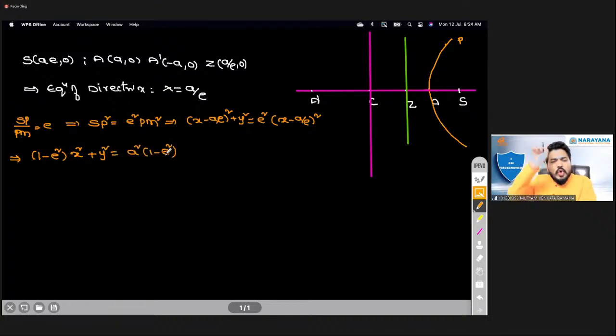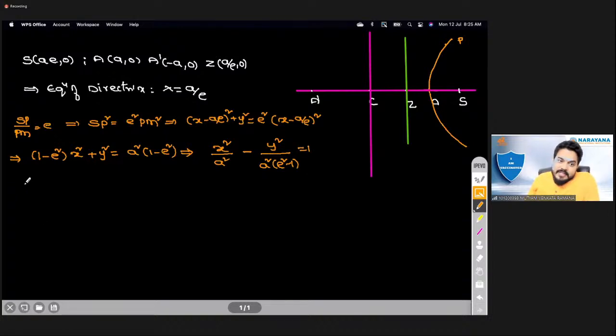This is what you got in the hyperbola also, ellipse also. After this, you wrote there x square by A square plus y square by A square into 1 minus E square. But here what I'm writing is minus y square by A square into E square minus 1 is equal to 1.